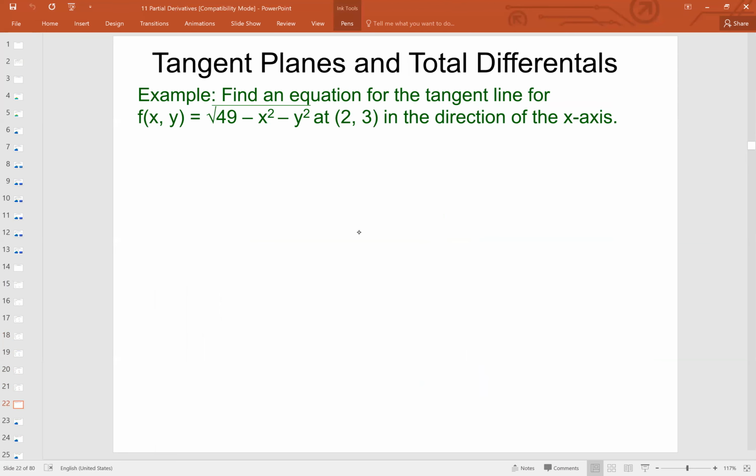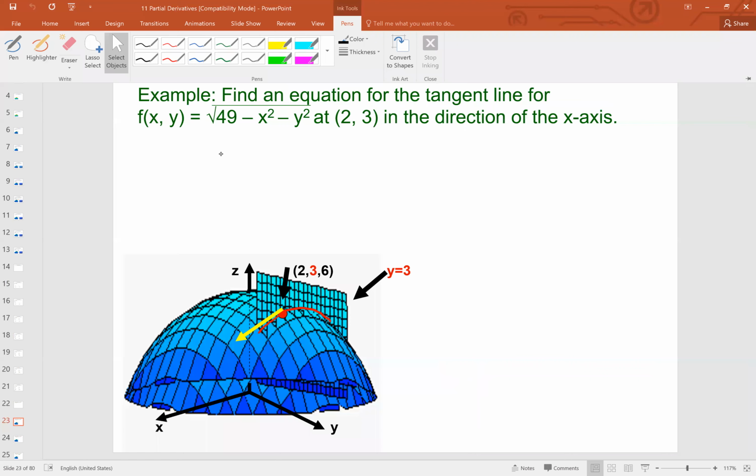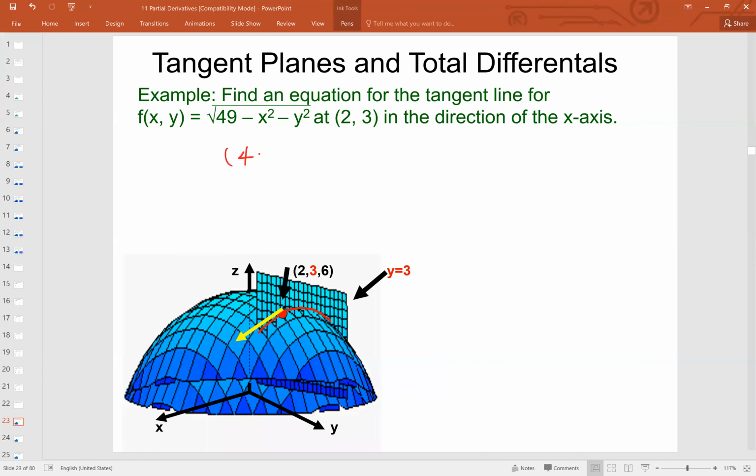Similarly here, we can find the parametric line that is the tangent line at the point in the x direction. How? We find the slope first. So you take the partial derivative with respect to x, thinking of y as a constant. To take the derivative of this, think of it as 49 minus x squared minus y squared to the half power.